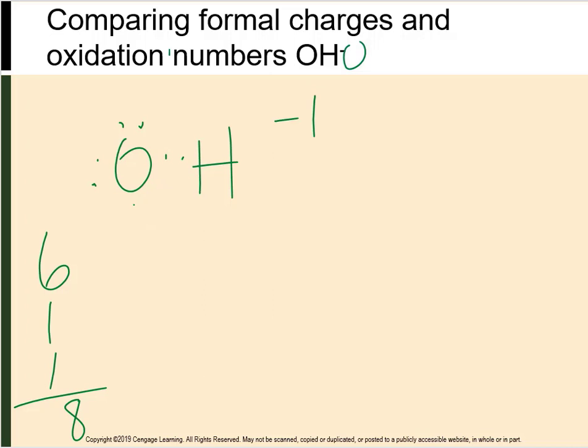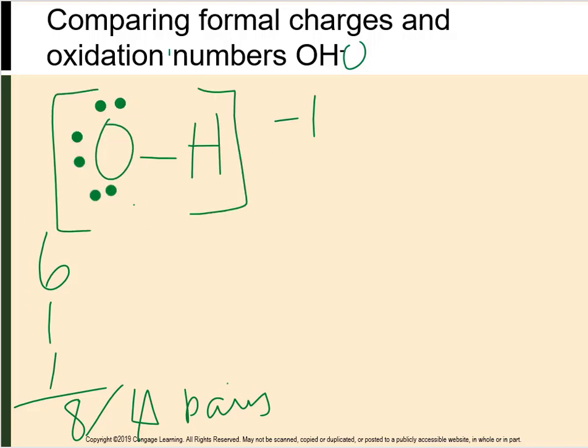Hydrogen has 1, so we have a bond right here, and we have that extra electron, so we need to have 4 pairs. Well, there's 1, 2, 3. We need to have our extra electron added there. So we have our 1, 2, 3, 4 pairs of electrons. Everybody's happy. Oxygen has 8. Hydrogen has 2. We have a -1 charge.